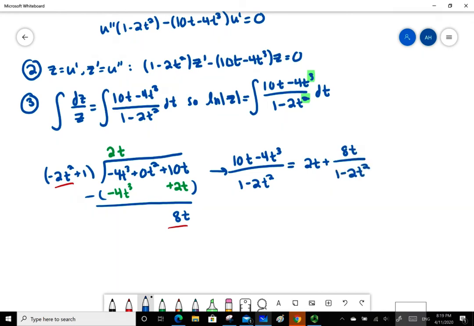minus 2t squared. Now we can integrate 2t plus 8t over 1 minus 2t squared by splitting it into two integrals.